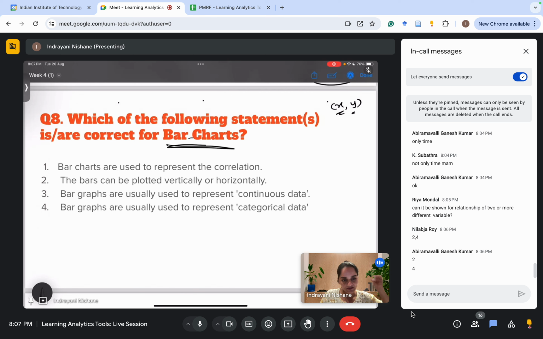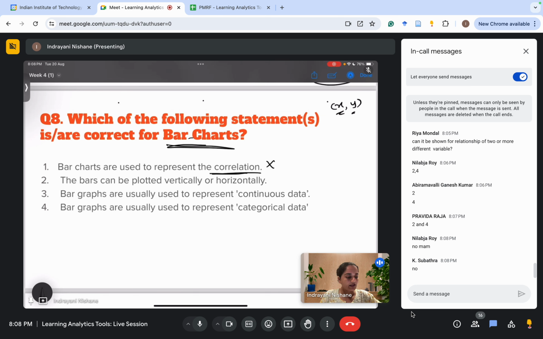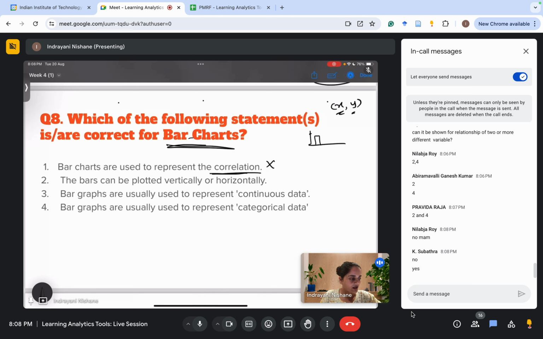Now, bar charts. I'm getting a couple of answers in the chat box. Bar charts are used to represent correlation. Is this correct? Do they represent correlation? No. Correlation is a scatter plot. Then the bars can be plotted vertically or horizontally, vertical bars or horizontal bars.